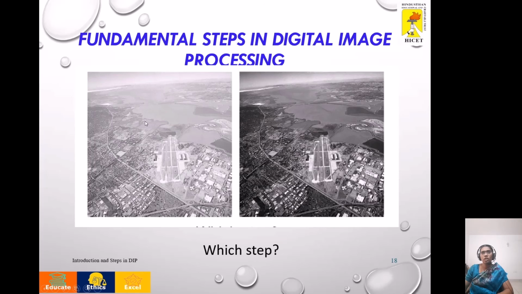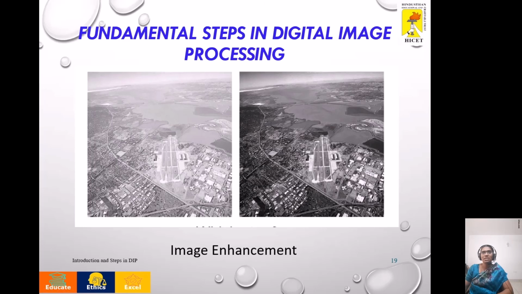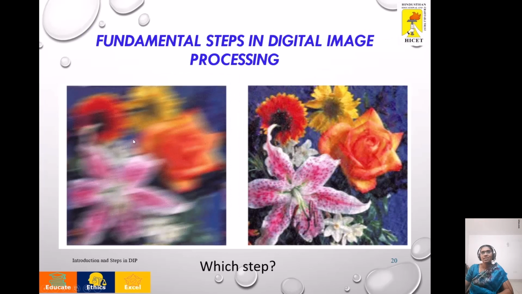Now we will find out what step is required for enhancing or modifying this image, or for making this image better. In this image, brightness is more, so I have to introduce darkness here. So the step is image enhancement. And here this is the input image. I have to make the image into a better form.